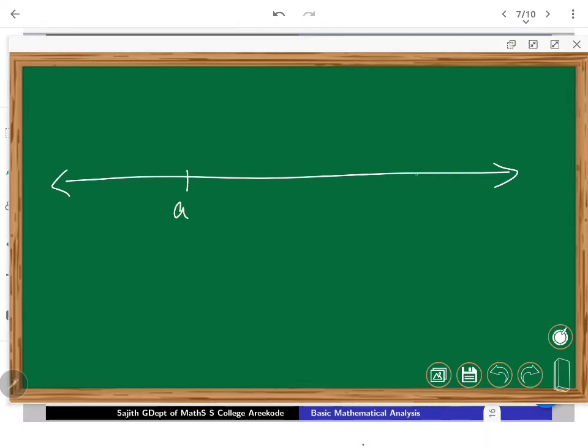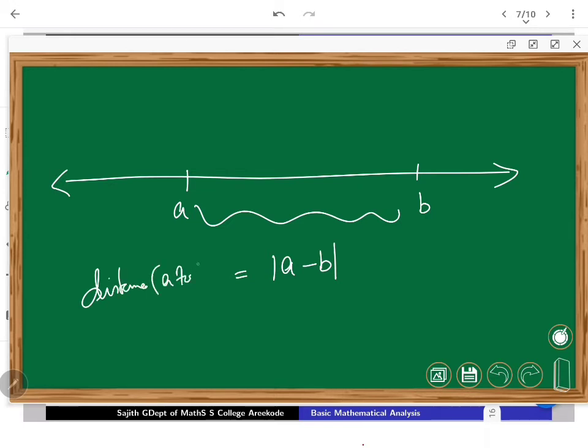For example, a real number a lies somewhere and b is there. So the distance from a to b is precisely going to be the modulus of a minus b. So look at a minus b, then go for the notion of modulus. Either a will be to the left or to the right of b, or they may be coincident. According to the definition, I can easily understand that this fundamental idea gives me the distance from a to b.